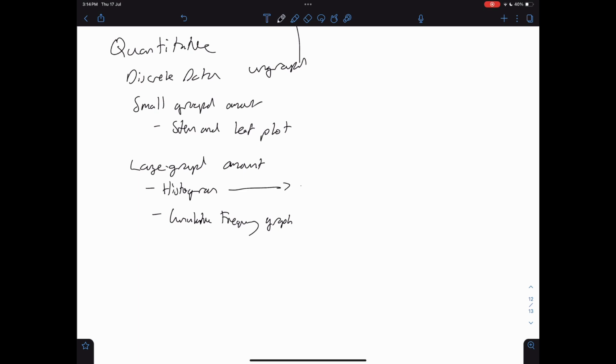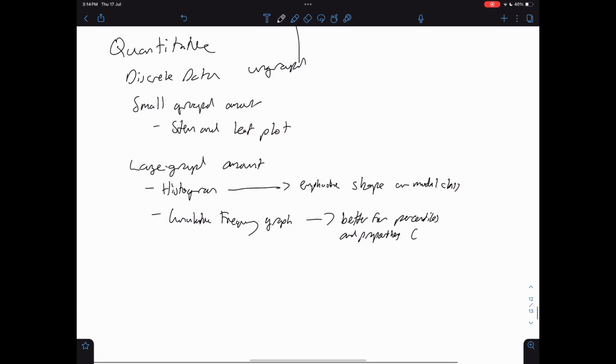For a histogram, you want to emphasise shape or modal class. But a cumulative frequency graph is better for things like percentiles, and the further calculations are simpler.